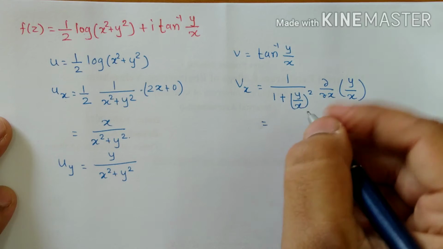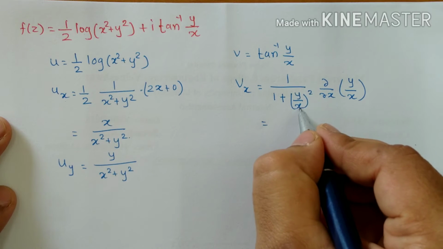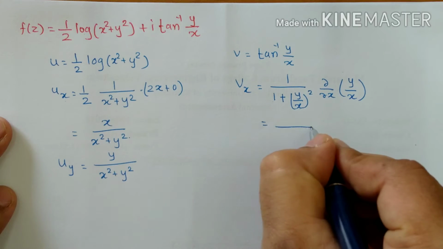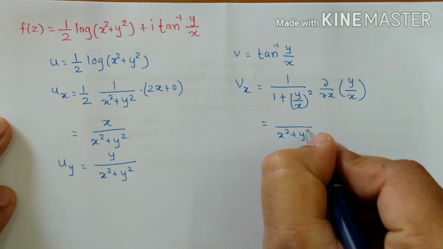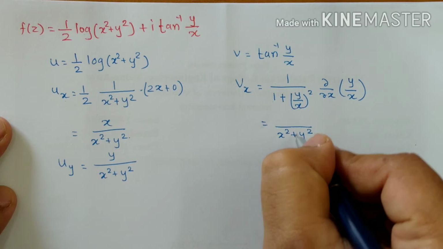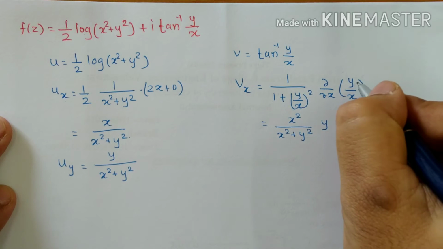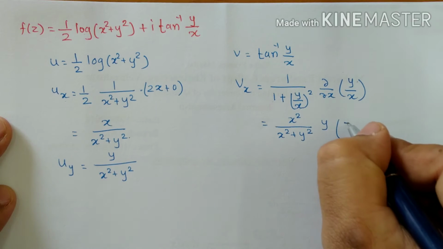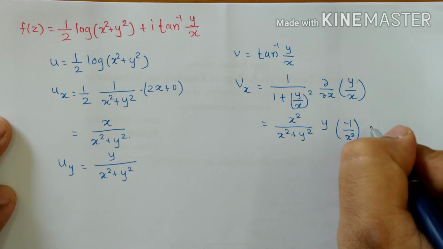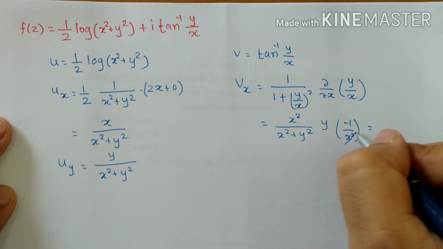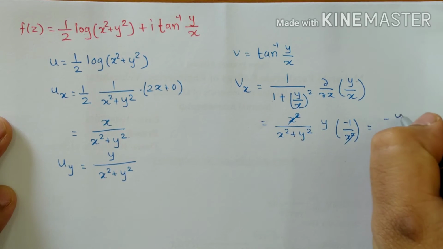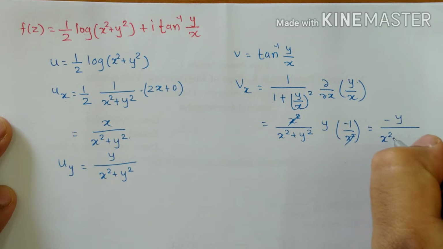While simplifying this, we get y square upon x square, cross multiplying with 1, we get x square plus y square in the denominator, whole divided by x square, shifted in the numerator, we get x square. The y as it is, the derivative of 1 upon x is minus 1 upon x square. Hence the x square and x square get cancelled. Hence, the answer is minus y upon x square plus y square.